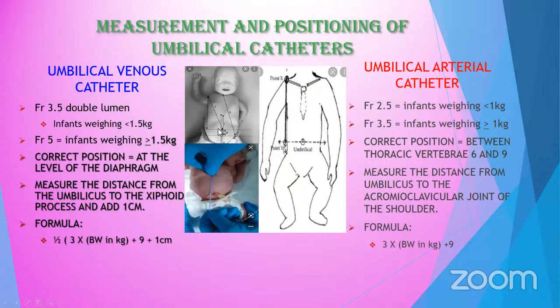For the UAC, measure the distance from the umbilicus to the mid-clavicular point of the shoulder. The formula for the UAC is 3 times birth weight in kilograms plus 9, and for the UVC it is 3 times weight in kilograms plus 9, divided by 2, plus 1.